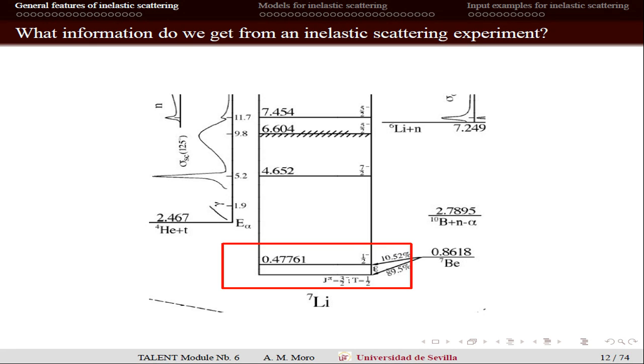So above this excitation energy, the system will break into these two clusters, and we don't have lithium-7 anymore. We might have some resonance that looks like a bound state in some sense, but we will also have some continuum that doesn't look like lithium-7 at all. Okay?